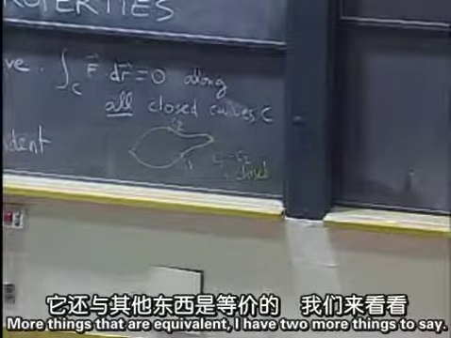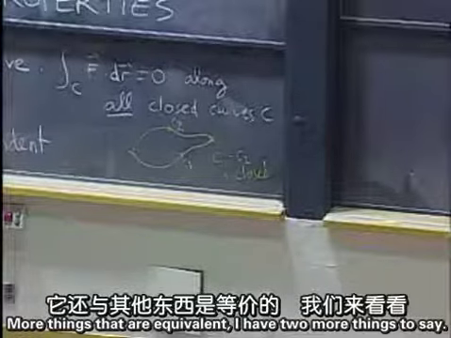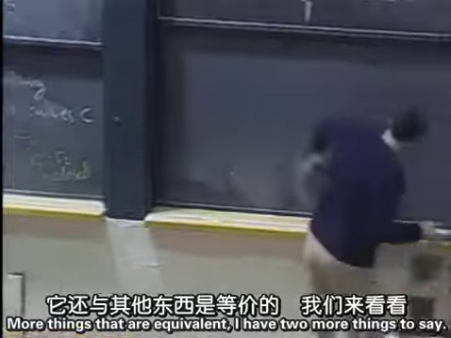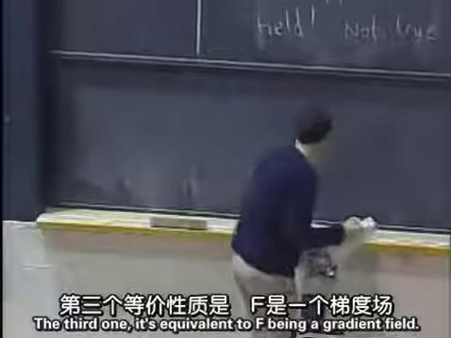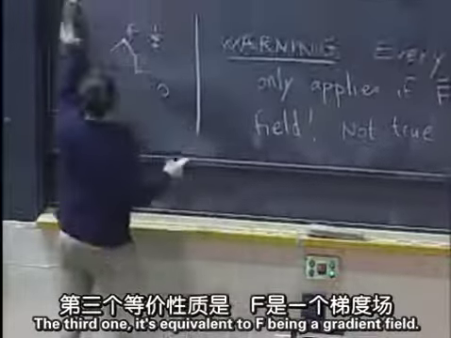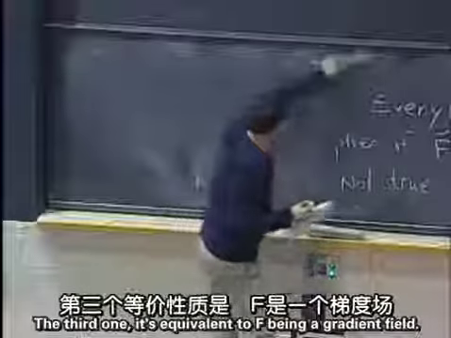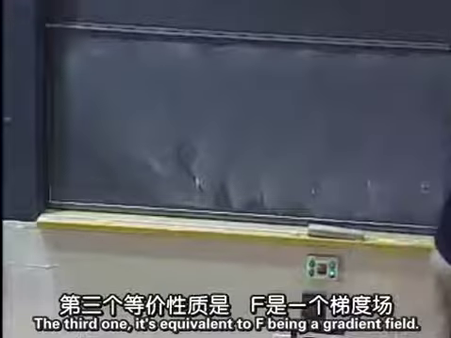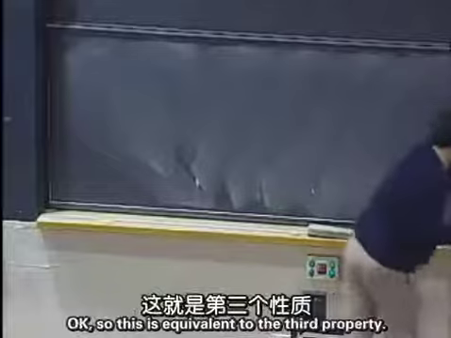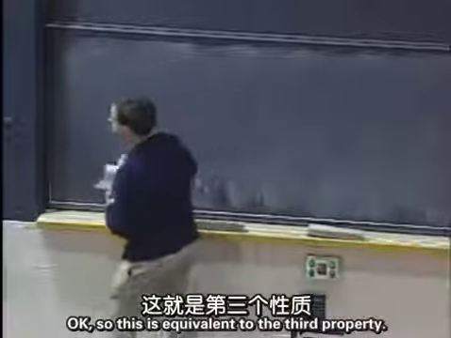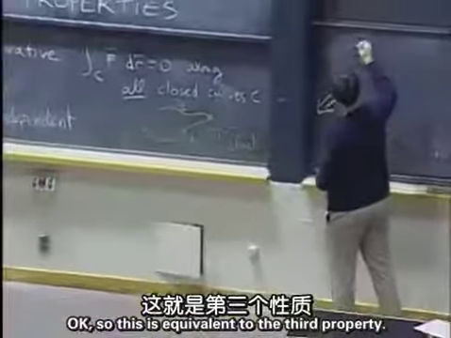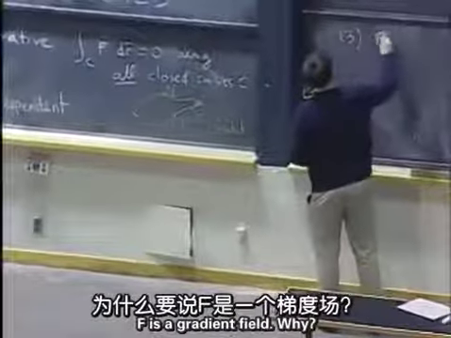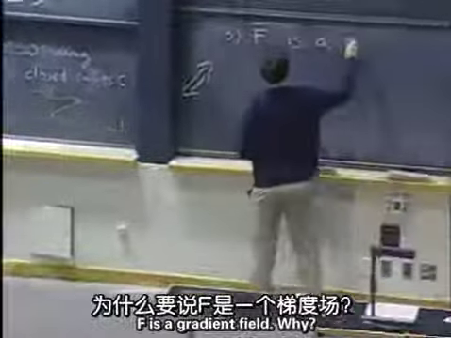More things that are equivalent. I have 2 more things to say. The third one is equivalent to F being a gradient field. Okay, so this is equivalent to the third property, F is a gradient field.